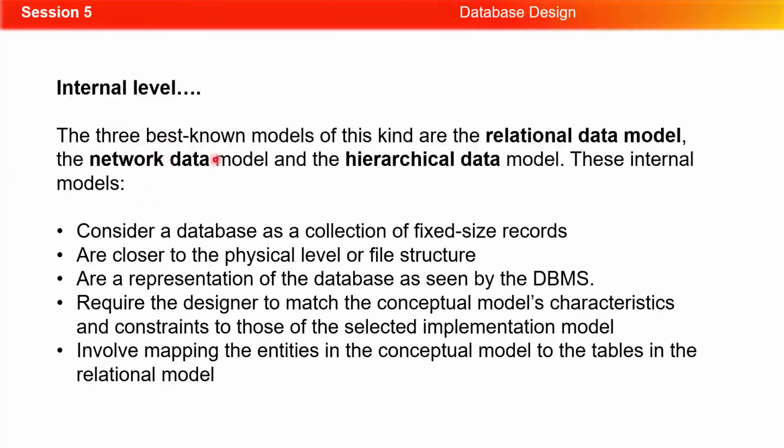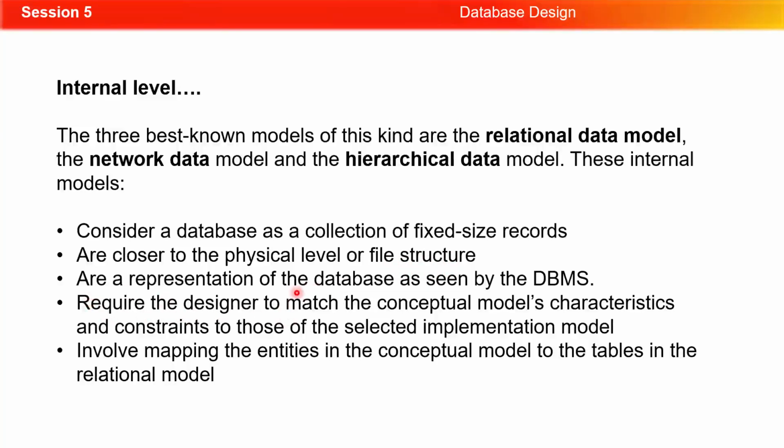The 3 best known models of this kind are the relational data model, the network data model, and the hierarchical data model. So the internal models here consider a database as a collection of fixed sized records. They are closer to the physical level or a file structure.